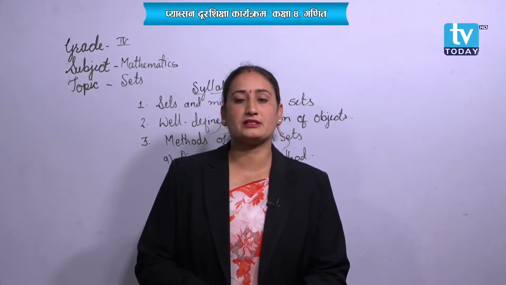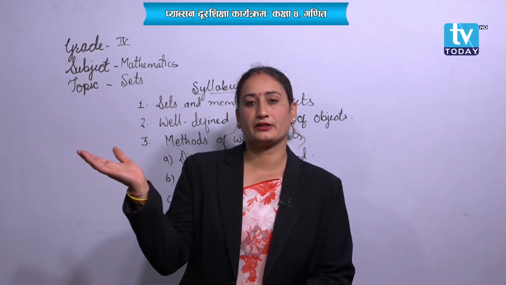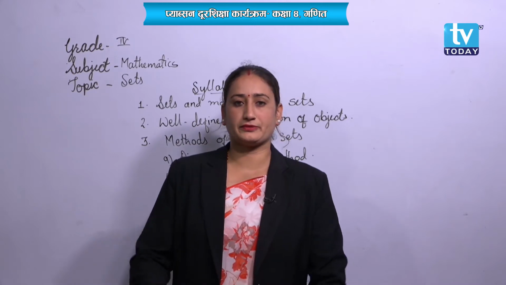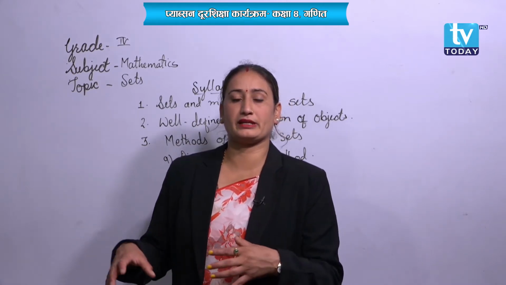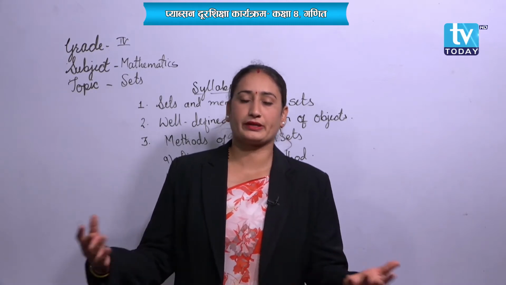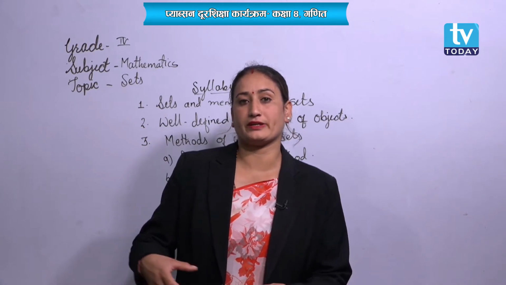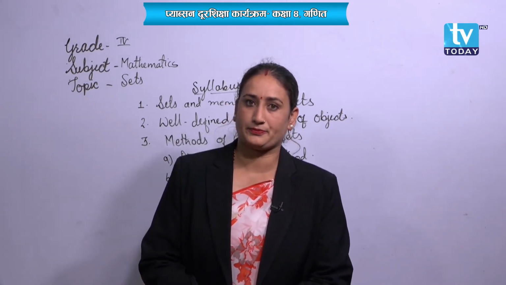Students, we can also make a group of taller students, a group of shorter students, a group of girls, a group of boys, a group of the family, a group of neighbors. We can do so many things, and these groups are known as sets.